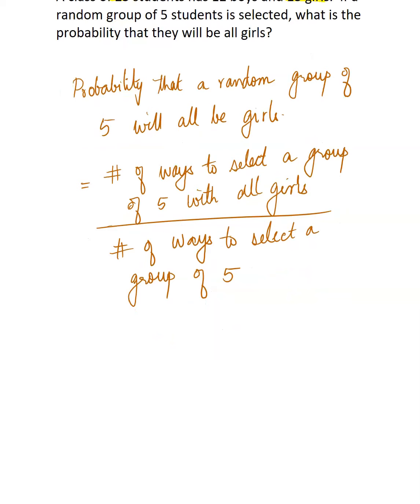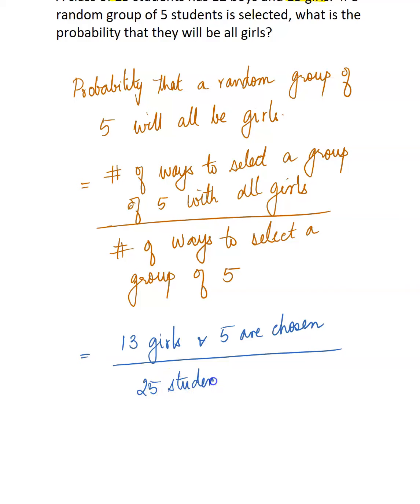So we find the number of ways first to answer the probability. So there are 13 girls and 5 are chosen, divided by there are totally 25 students, boys and girls, and 5 are chosen.